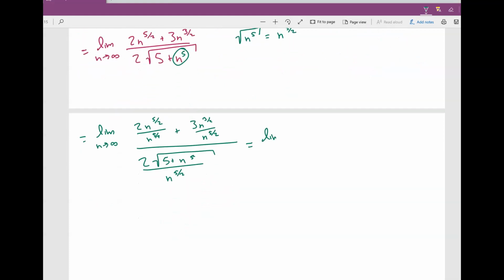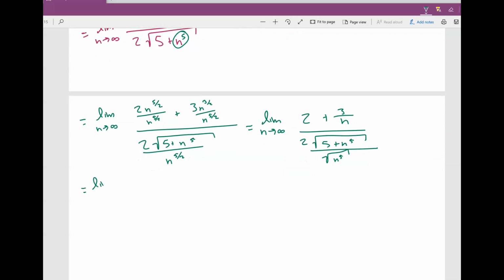So on the top, I'm going to have the limit as n goes to infinity. I'm just going to get a 2 on the top. When I subtract the exponents, what is that going to give me? -1, so it's going to be 3 over n. This needs to get inside of the square root, so I'm going to rewrite the n to the 5/2 as the square root of n to the 5th.